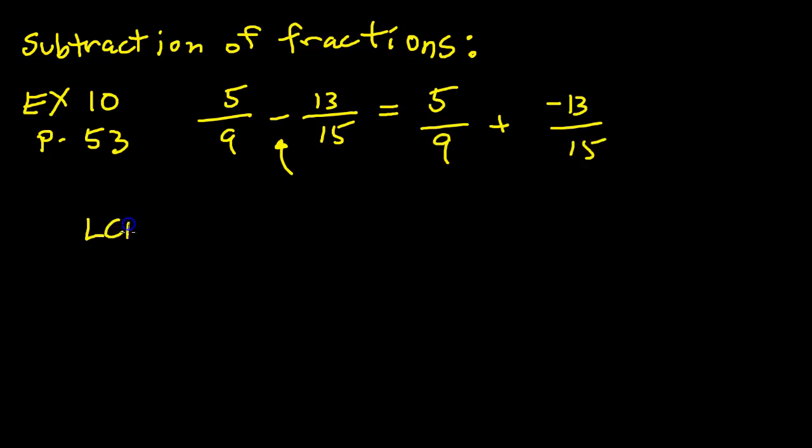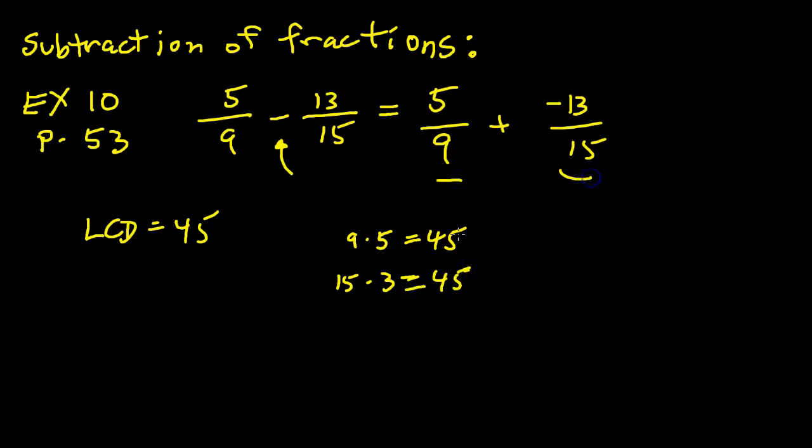LCD is 45. If you notice, 9 times 5 is 45, and 15 times 3 is also 45. So 45 is a multiple of both 9 and 15, and it's the smallest number that's a multiple of both, hence the name common denominator.